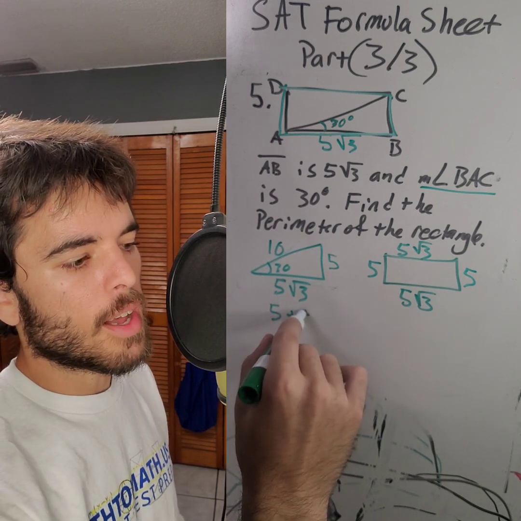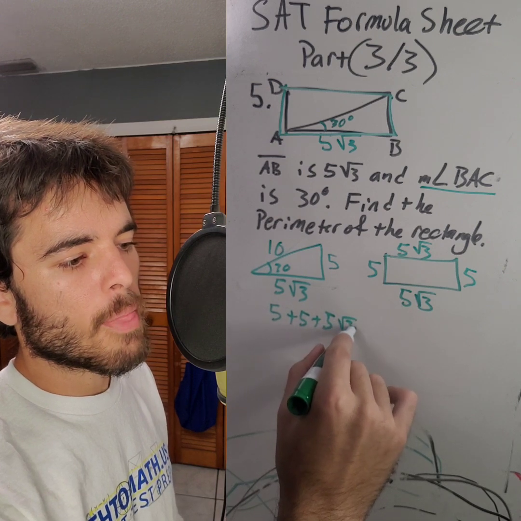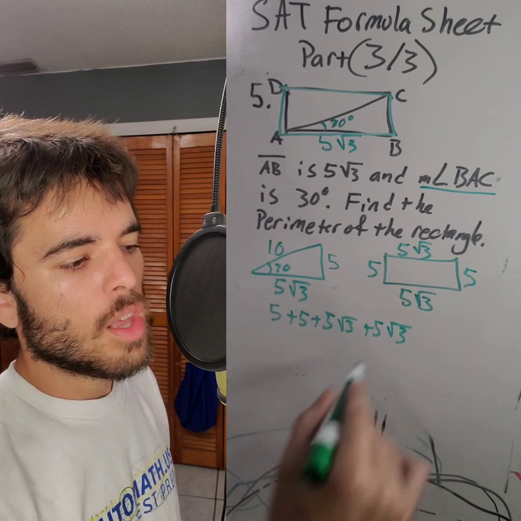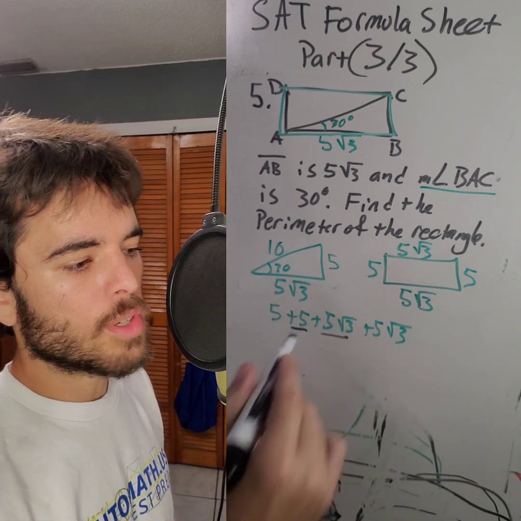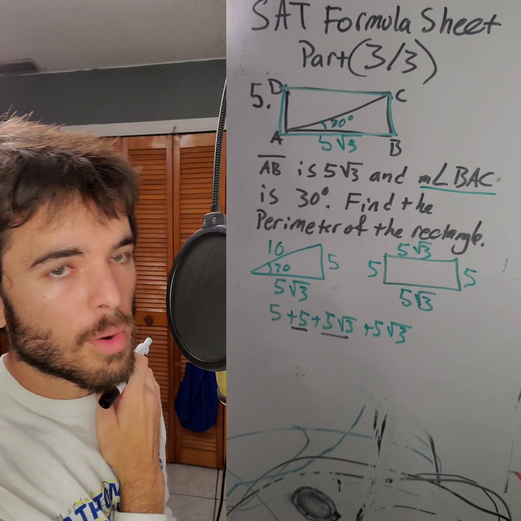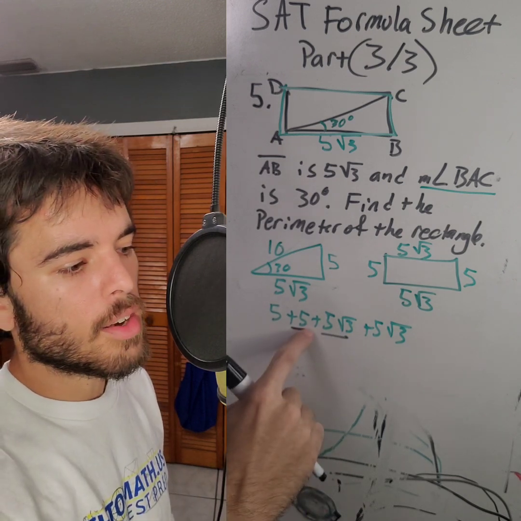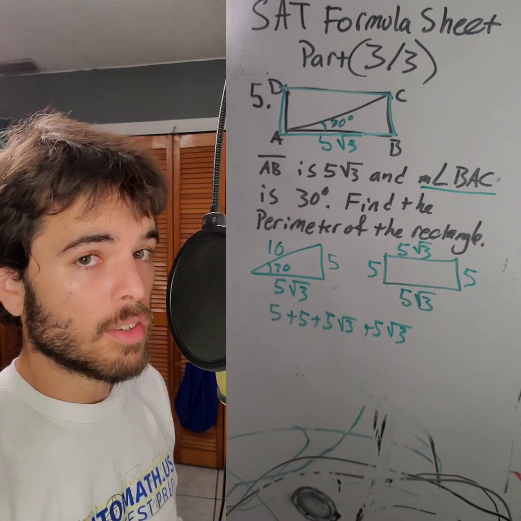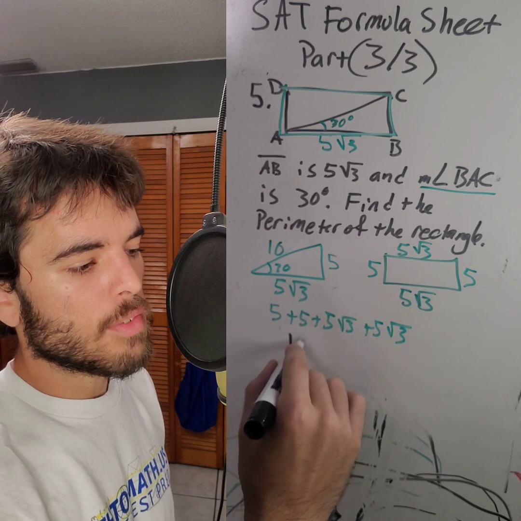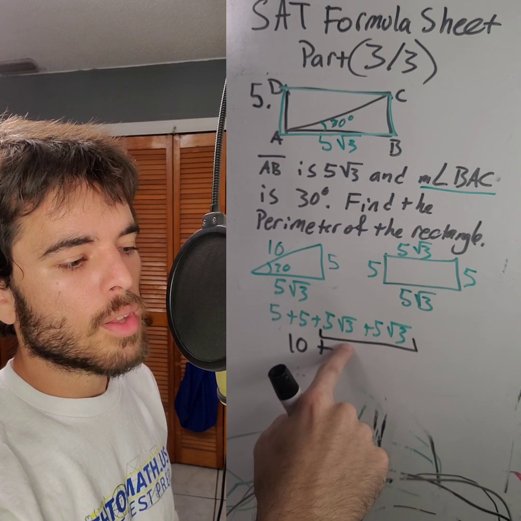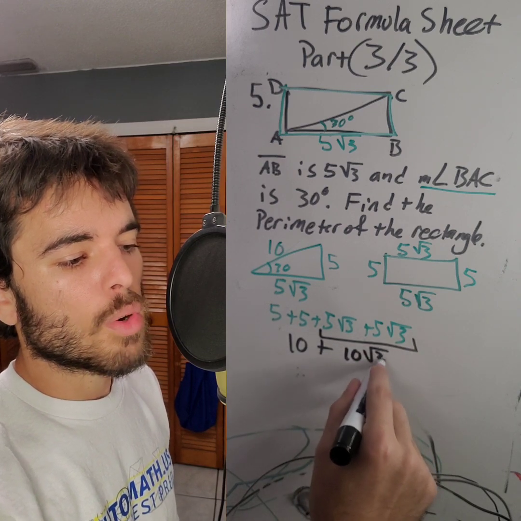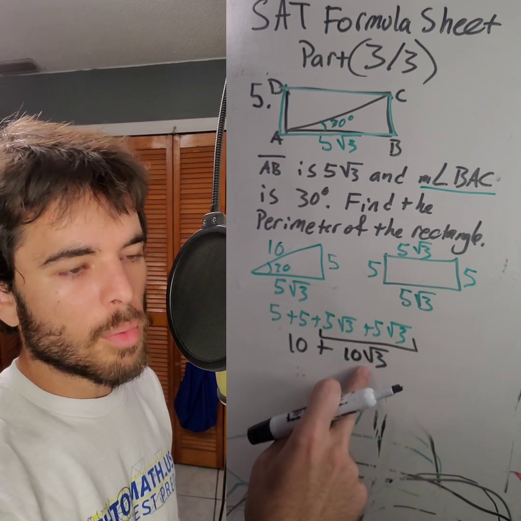We get 5 plus 5 plus 5 square root of 3 plus 5 square root of 3. You don't combine the 5s if they have a radical versus not a radical. So we actually don't combine those at all. The only ones we combine are the ones that match entirely. So we could combine the first two, giving us 10, and then we can combine these two, giving us 10 square roots of 3. Do not add the number within the radical.